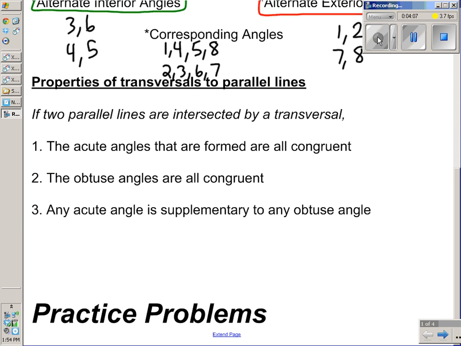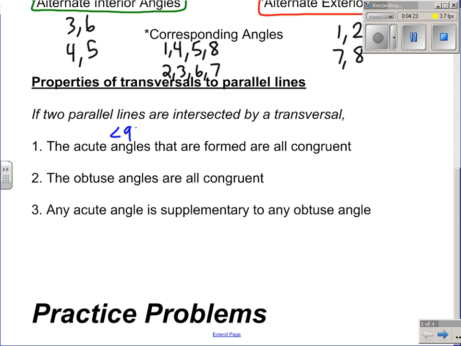All right, go ahead and copy down the properties of transversals to parallel lines. Basically saying that if two parallel lines are intersected by a transversal, as was the case that we just did, all of the acute angles, so all of the ones that are less than 90 degrees, are all congruent or equal. All the obtuse angles, the ones that are all greater than 90, those are all equal to each other or congruent.